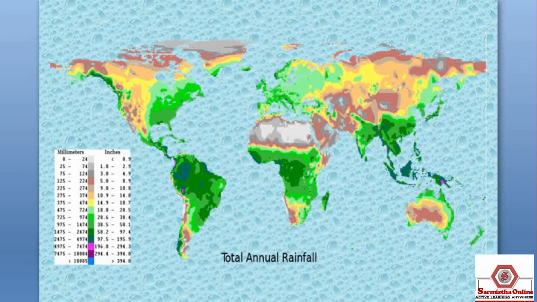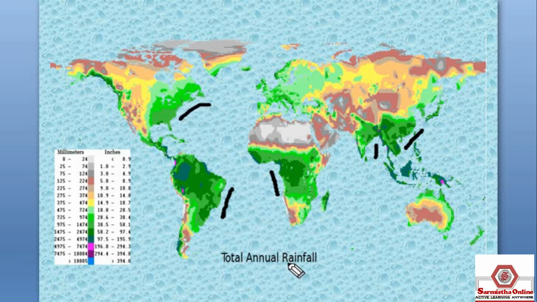Here you can see the world map which is shown in different zones with different colors as the rainfall zones, where the total annual rainfall has been shown. The dark green color and the faded green color are the higher rainfall zones.